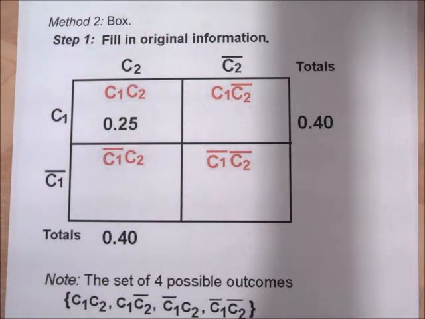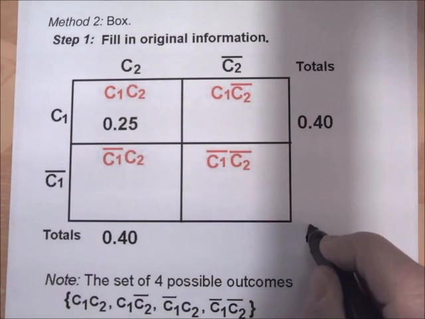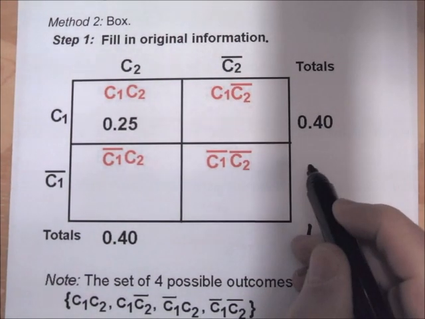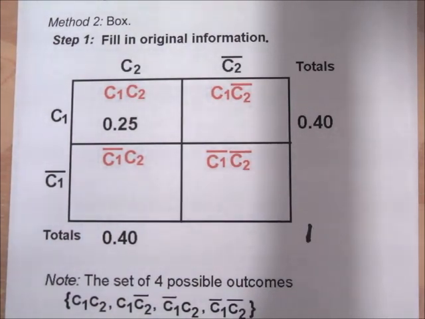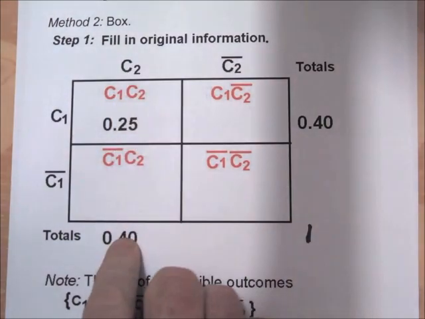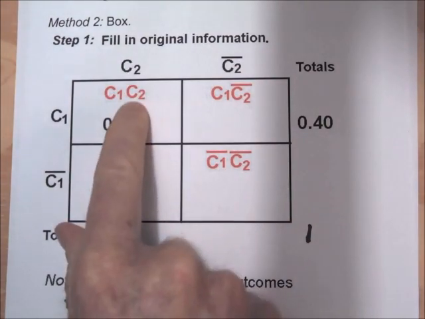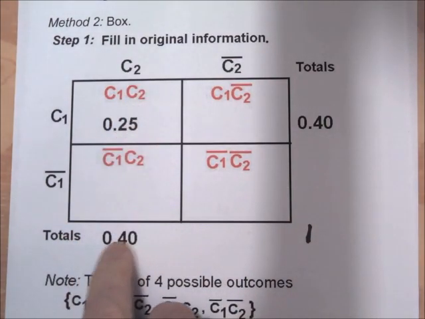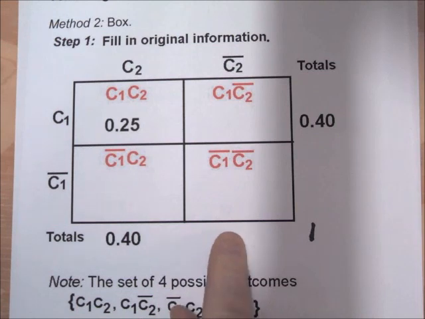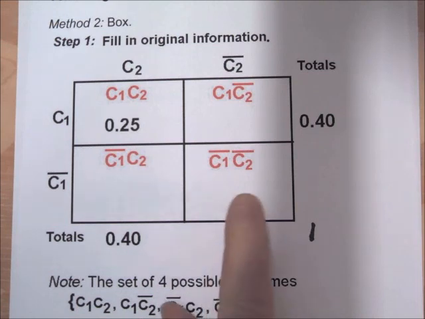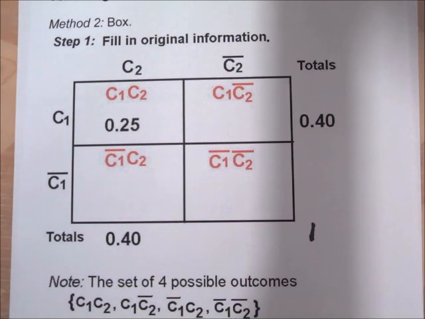The grand total should be 1, and we'll fill this in later. The first column represents the event that the second child gets the flu. That total should be 0.4. The second column represents the event the second child does not get the flu, and we'll fill that in later.